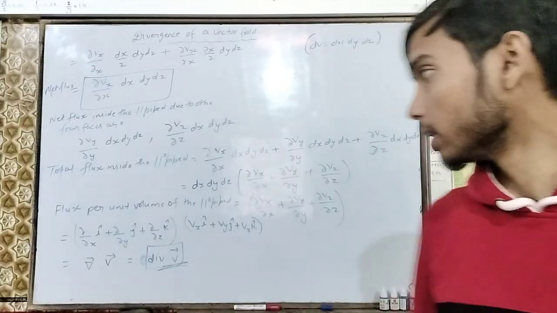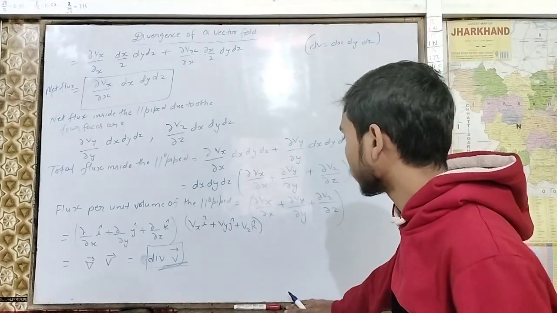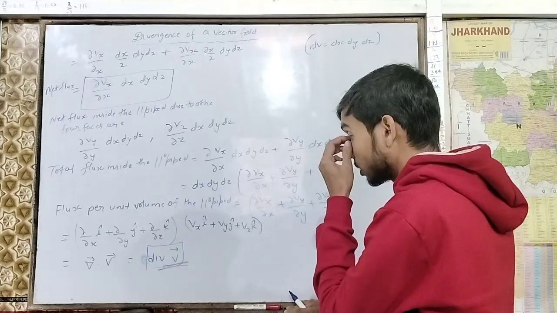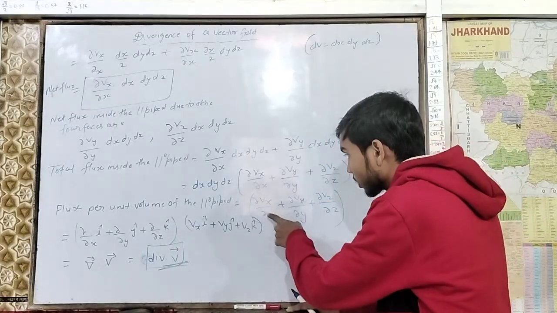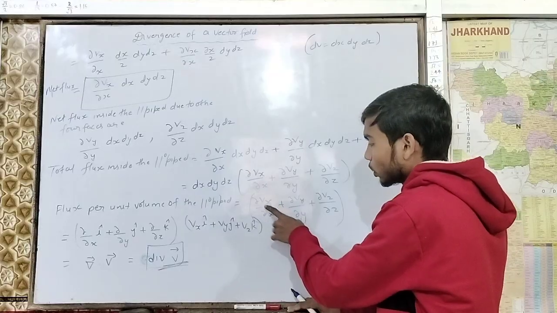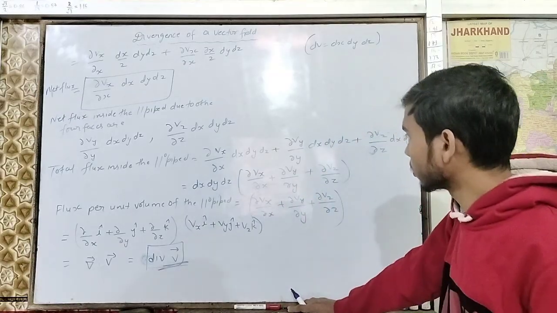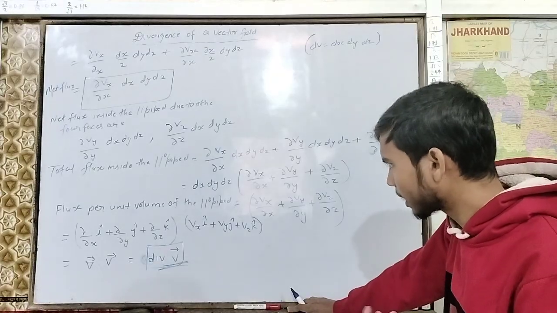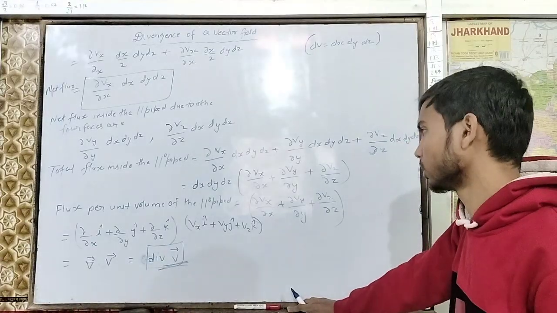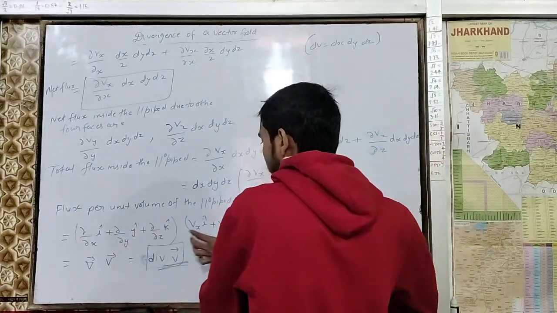You can see how it came. Flux per unit volume: here we used 1 upon dx dy dz, and then we saw that this is the del operator dot vx i cap plus vy j cap plus vz k cap.